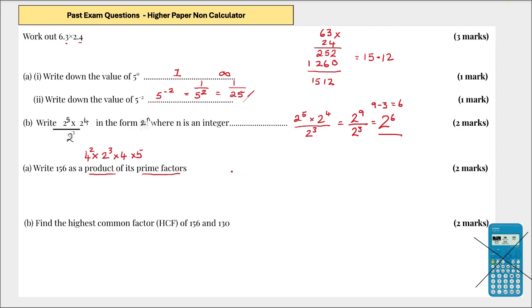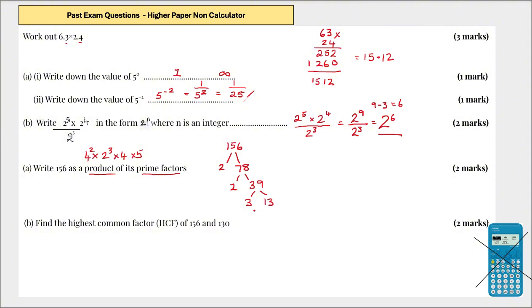So prime factors to me is just use a tree. So I'm going to do 156. I'm going to go 2 times 78. Then let's go 2 times 39. And then from 39, we can go 3 times 13.